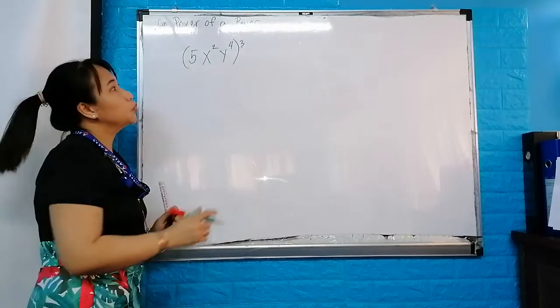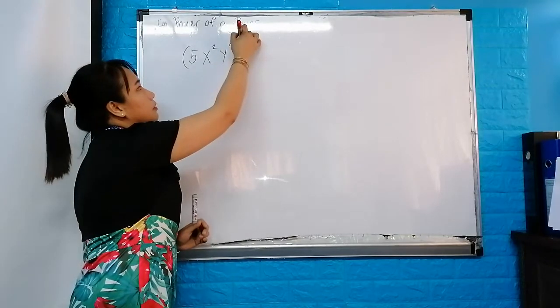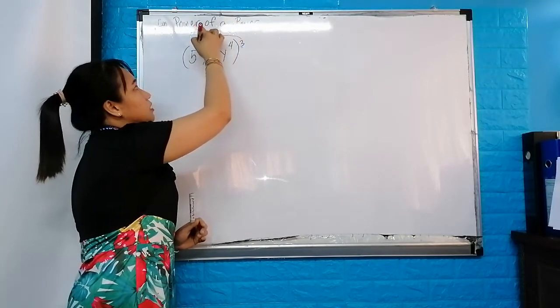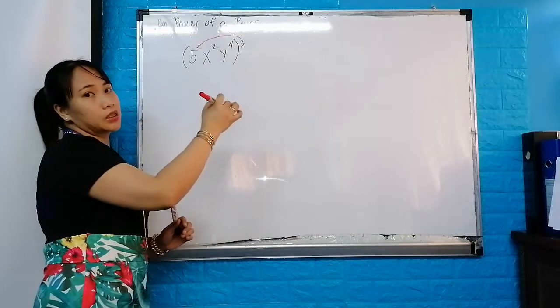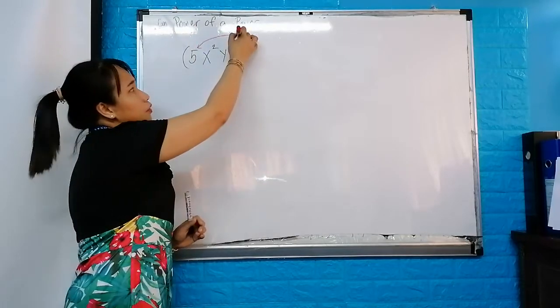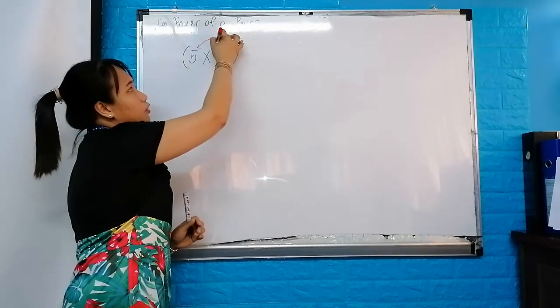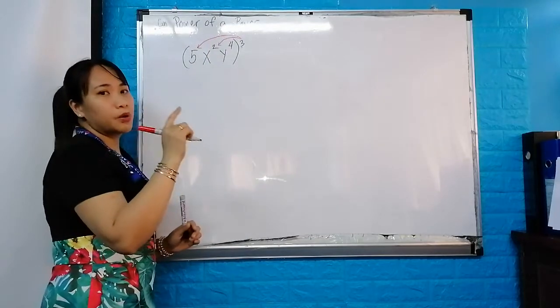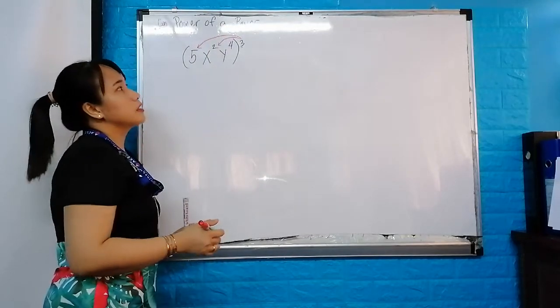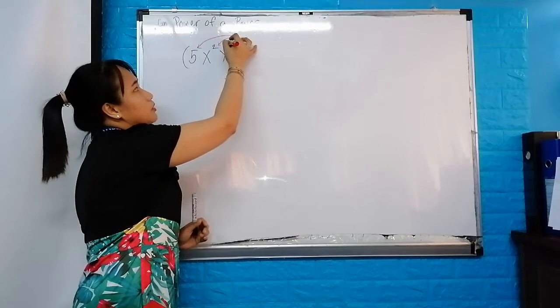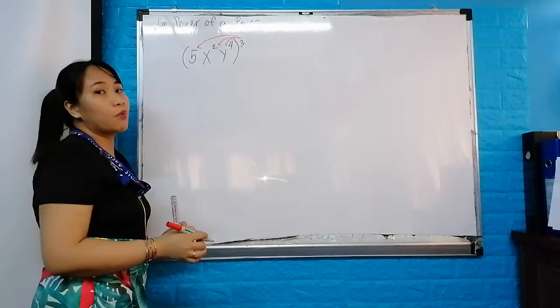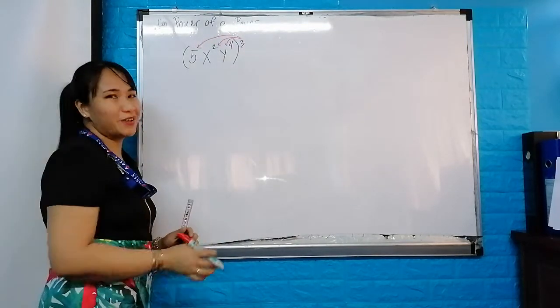So what are you going to do? Your third power, you're going to distribute it to your coefficient, and then again to your variable x, and next to the variable y.